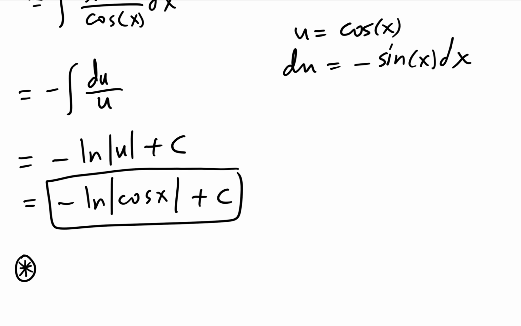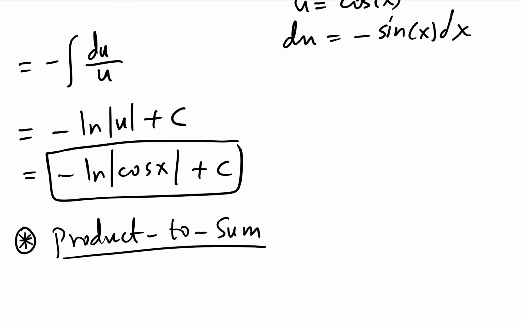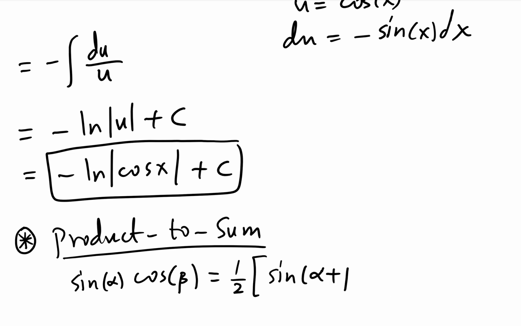So for example, in pre-calc we introduce what we call product to sum formulas. If you have a product of two trig functions, like let's say sine alpha cosine beta, and there's 3 more of these, it's 1/2 times sine alpha plus beta plus sine alpha minus beta.